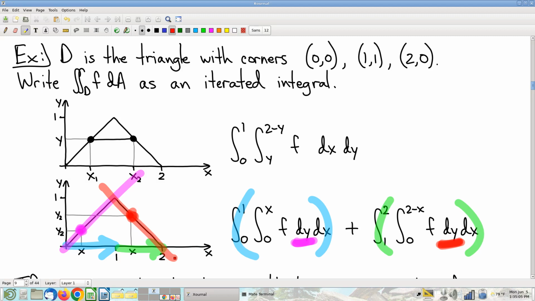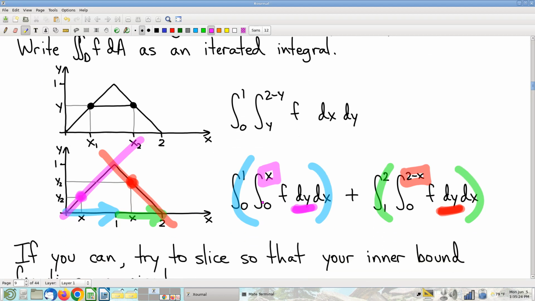And I therefore get a different formula for the upper bound for y, depending on whether x is between 0 and 1 or whether x is between 1 and 2. Different answers. And therefore I have to break it up into two separate integrals.